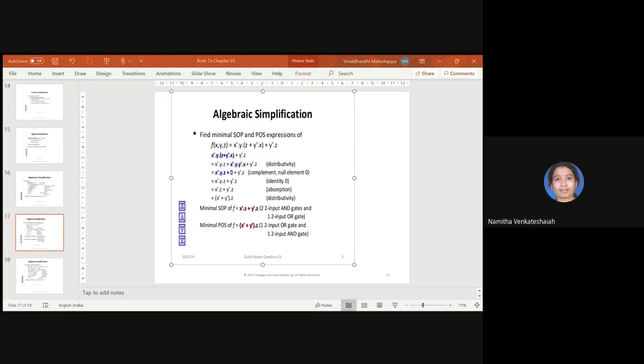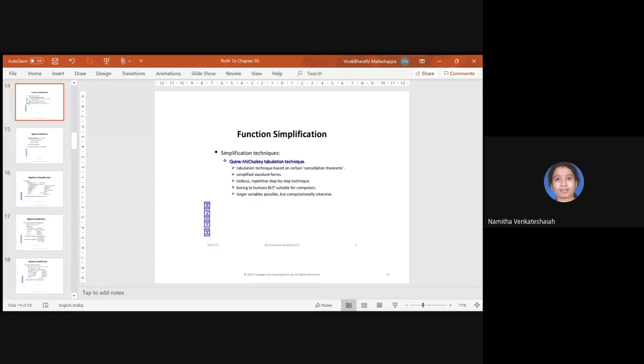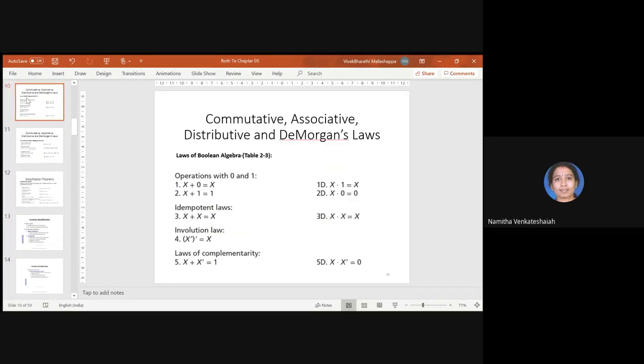You already know what is minterm, what is maxterm. In each minterm or maxterm, the alphabets which represent the inputs, that may be x, y, z or a, b, c or a dash, b dash, c dash or x dash, y dash, z dash, those we call literals. So through minimization, we can achieve two things.